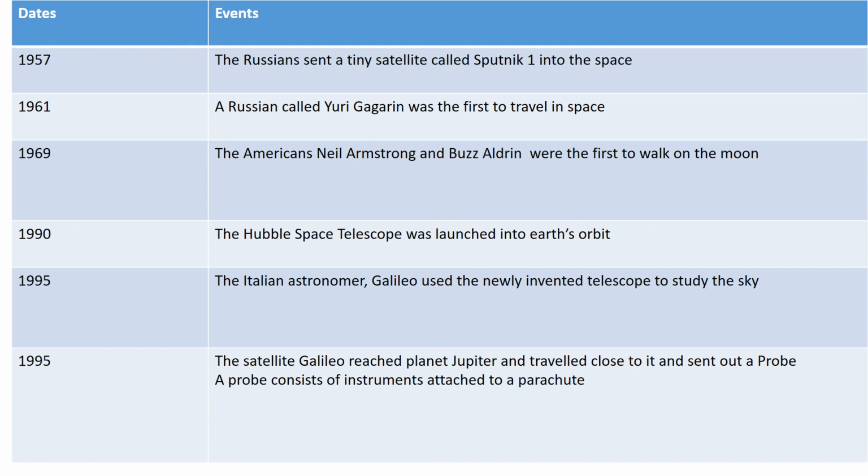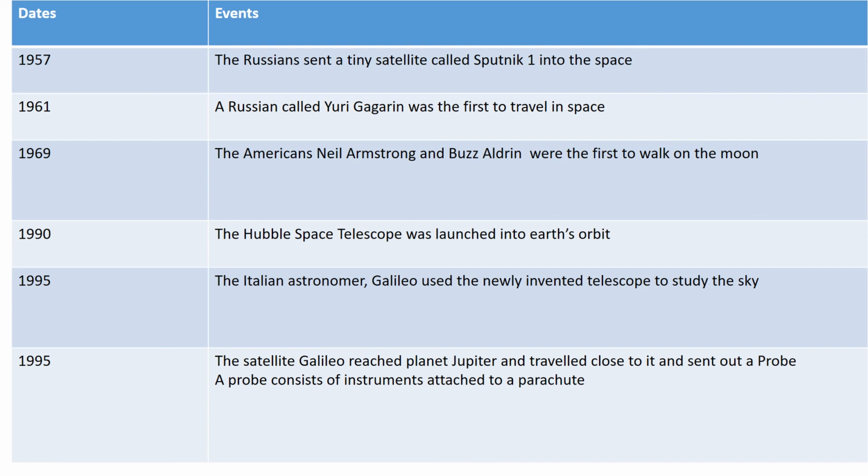In 1995, the satellite Galileo reached planet Jupiter, traveled close to it and sent out a probe. A probe consists of instruments attached to a parachute. In a probe, actually, it's like a camera which is connected with a parachute. So they launched that one. It's like a ball.